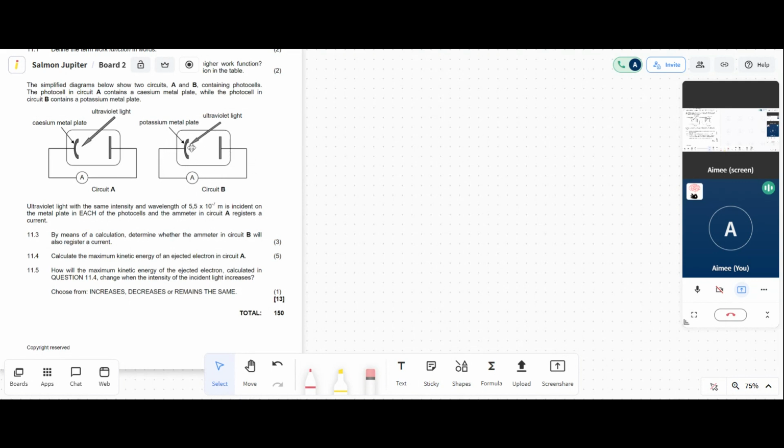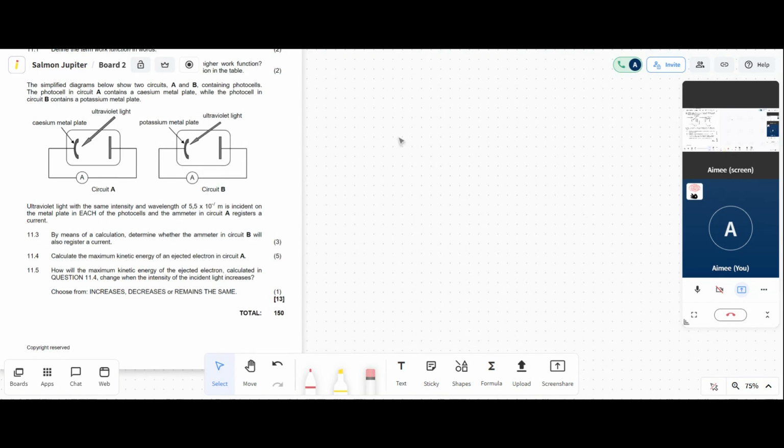It's only if this frequency of light is high enough so that electrons can be ejected and move around in the circuit to register the flow of electricity or current through the circuit. So what they're actually asking us to do is to calculate whether the light that is being shone onto this metal plate has a high enough frequency for electrons to be emitted or ejected from the surface of the metal.